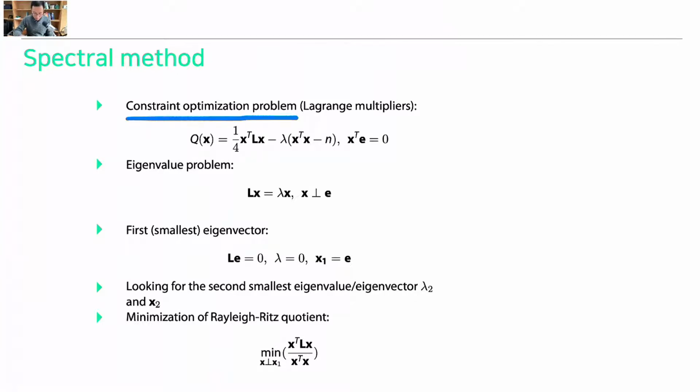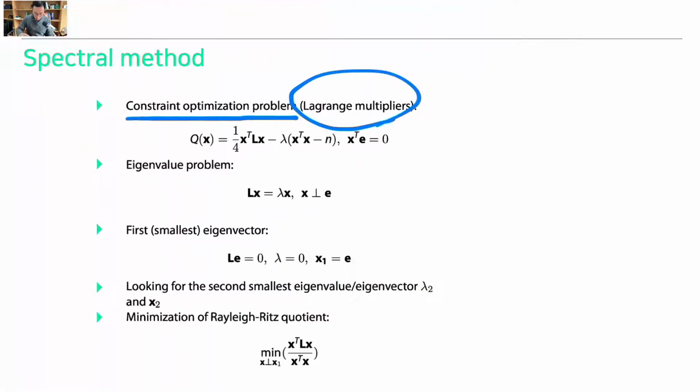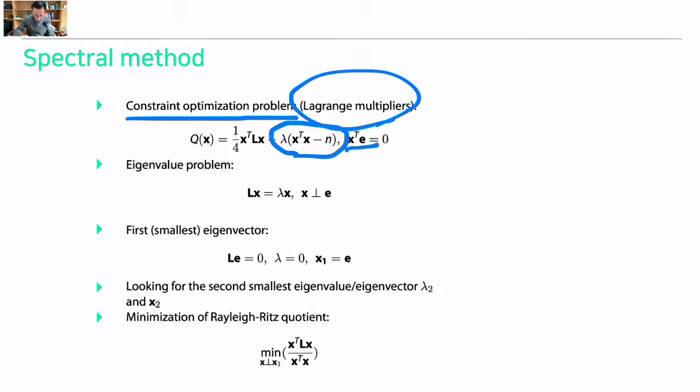So this could be formulated as a constrained optimization problem using a Lagrange multiplier. So we have this constraint, so it could be defined with this Lagrange multiplier, right? We have this, and this is actually exactly the same as solving the eigenvalue and eigenvector problem.